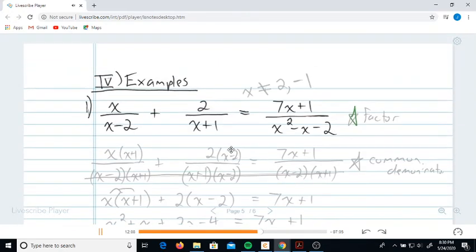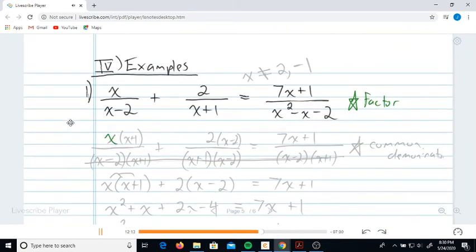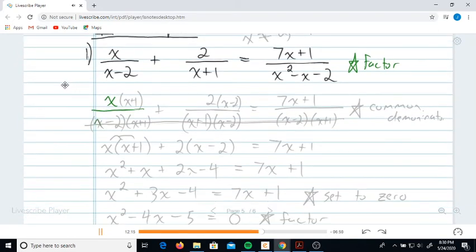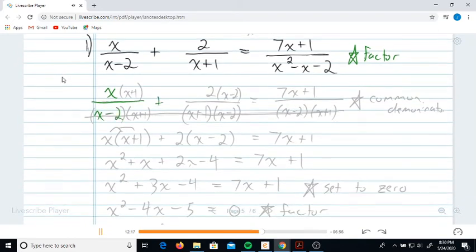So what we're going to have to do in this example is factor that third denominator. So that will factor, let me see here, to x minus 2 times x plus 1.